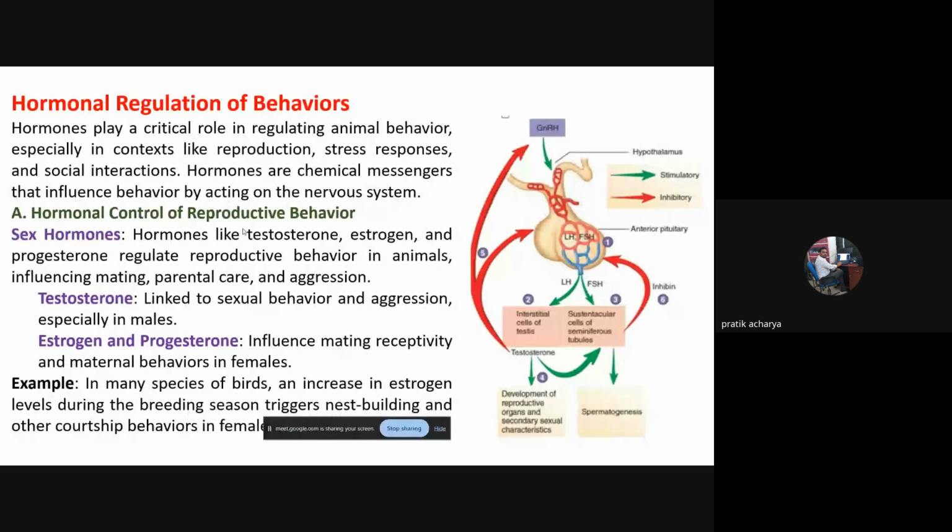Testosterone is very essential for sexual behavior and aggression, but in case of female, estrogen and progesterone are very essential for maternal behavior, for maternal characteristics. So these have a tremendous role in organismal behavior, in mammalian behavior.